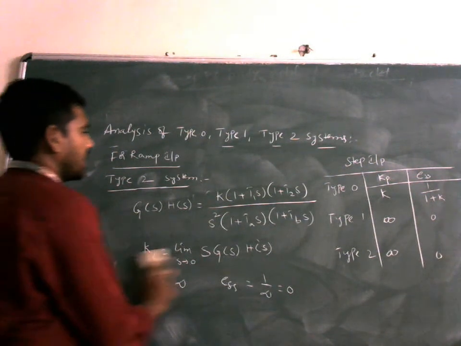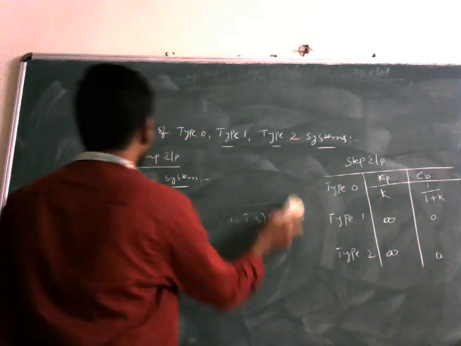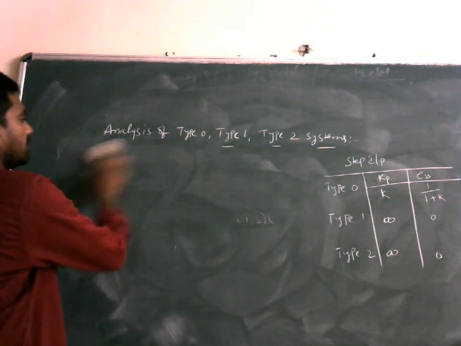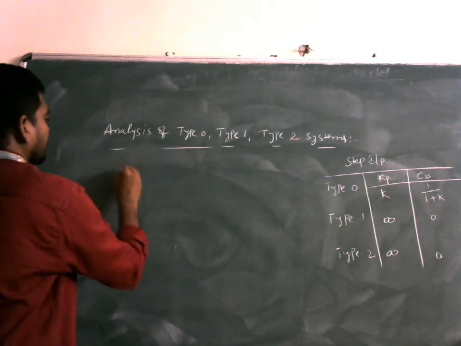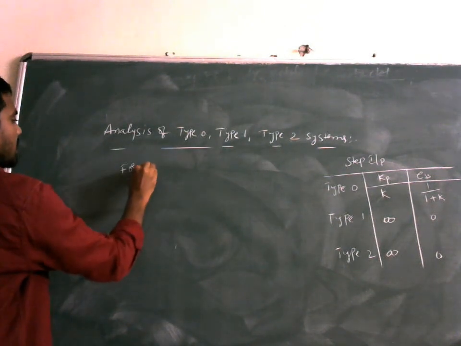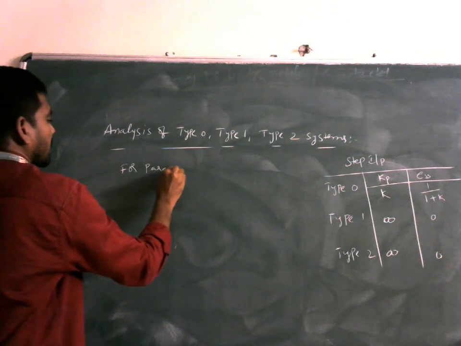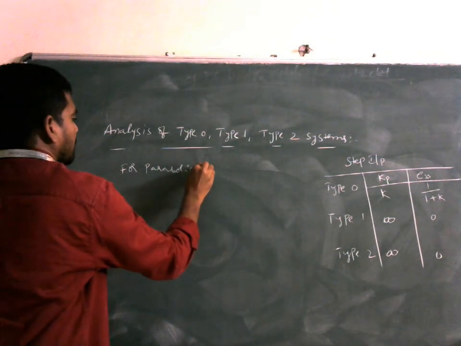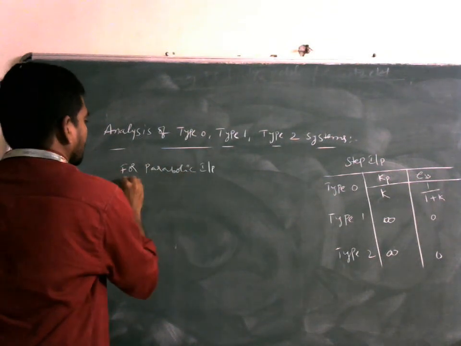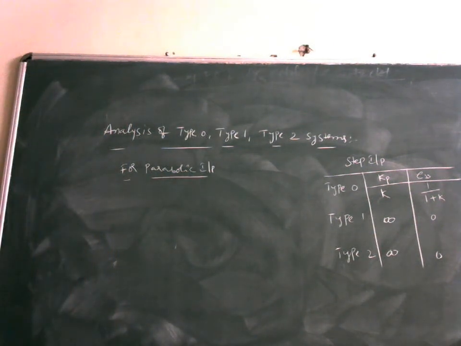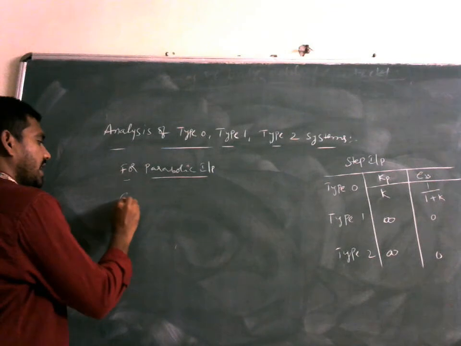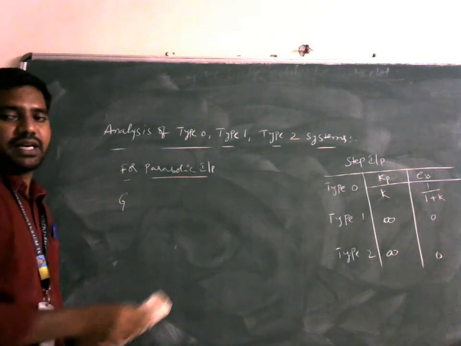And the third case, for which input do we need to consider? For the parabolic input. For parabolic input, again we need to take type 0, type 1 and type 2.